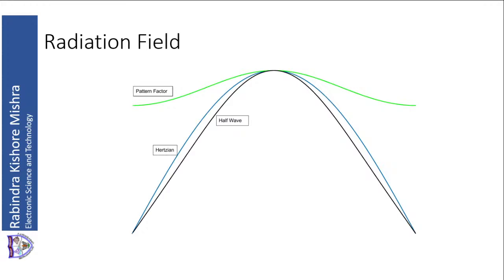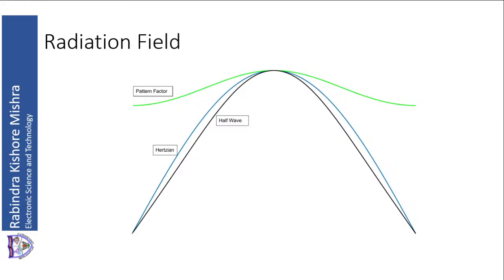Now in this case, if the length of the half wave dipole is electrically large, electrically large means compared to lambda. Electrical length means the length compared to lambda.